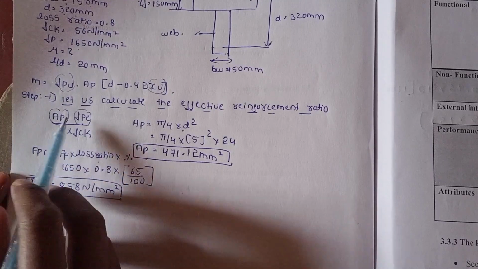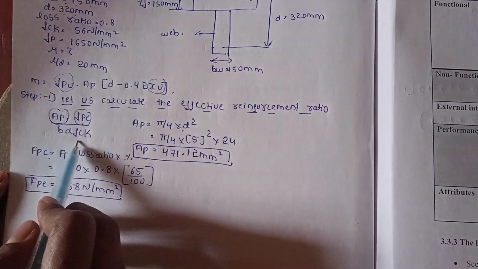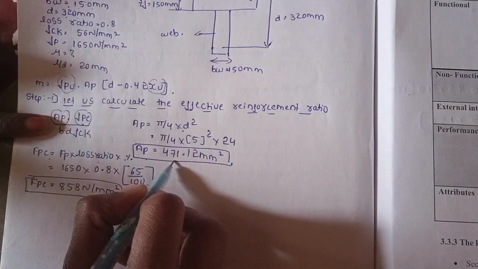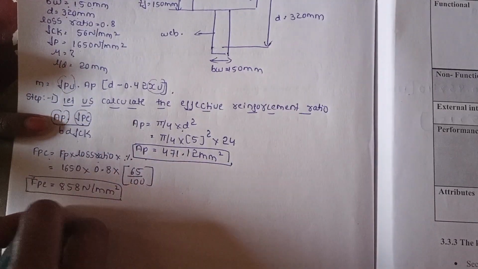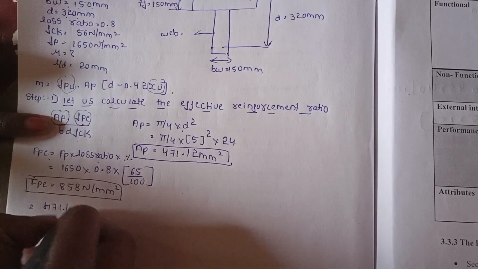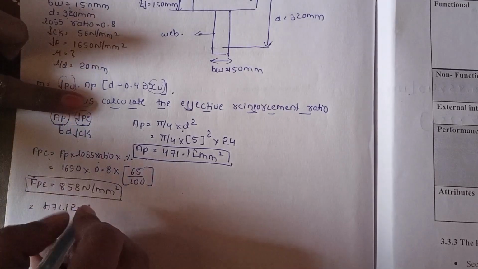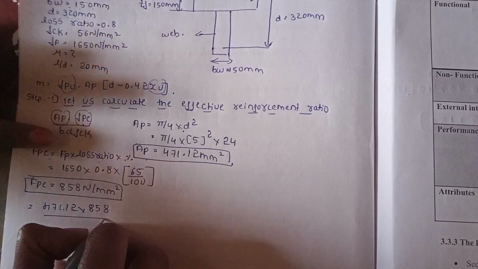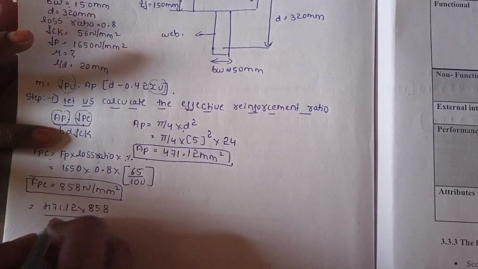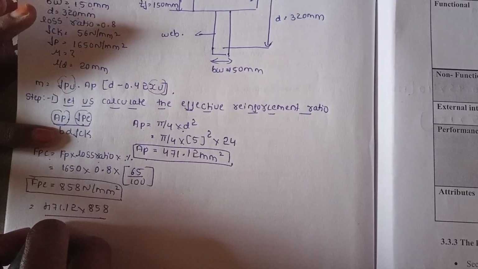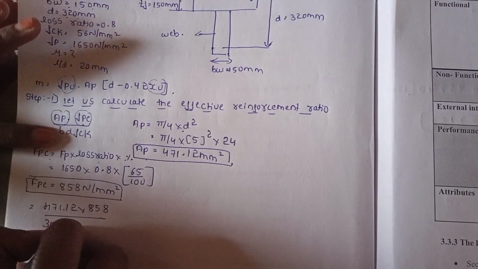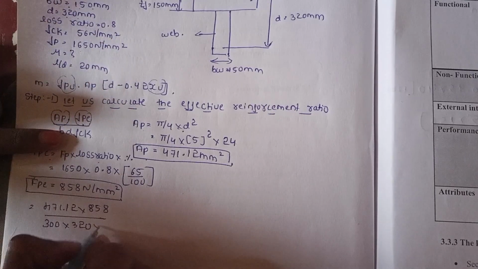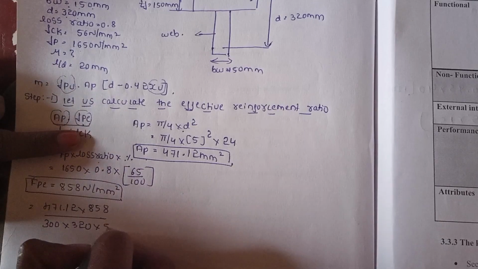Now find AP into FPE divided by BD into FCK value. First AP, so AP is 471.12 into next FPE is 858, divided by B. B means width of the flange, so width of the flange is 300, into next D, effective depth 320 mm, into FCK value is 56.